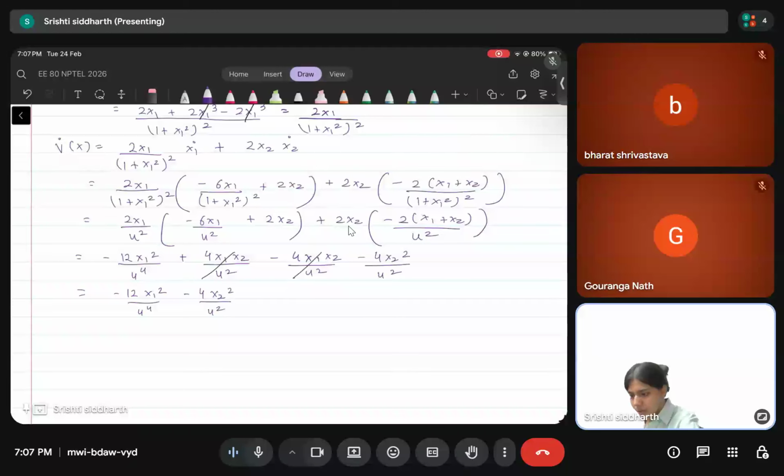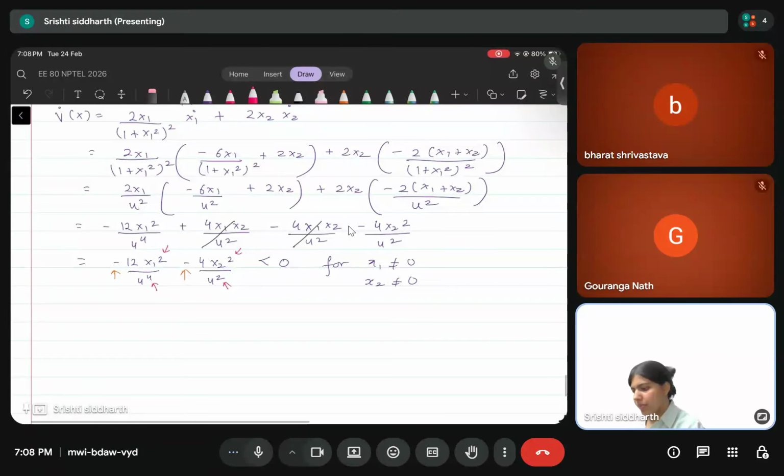Okay, so this is going to be less than 0 for x1 non-zero, x2 non-zero. Right? Because we have negative signs here and the variables have even powers. So this is squared, and we have the power 4 and the power 2.